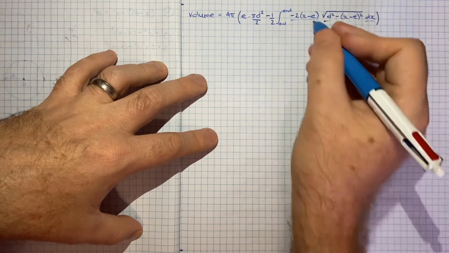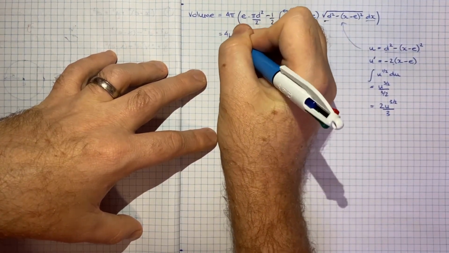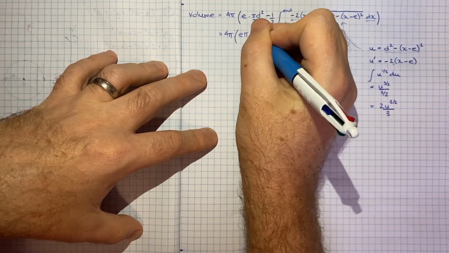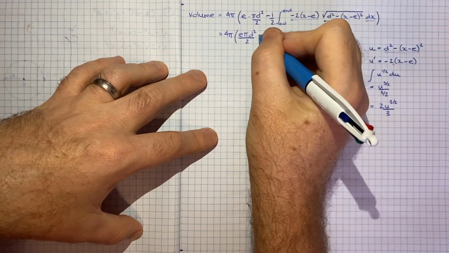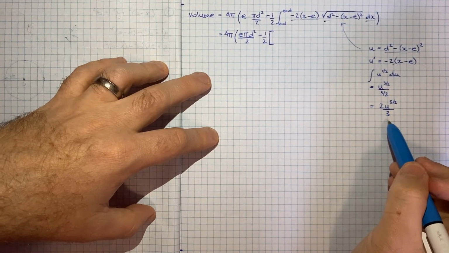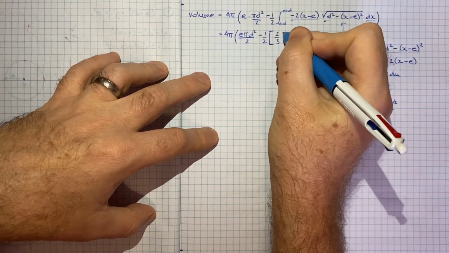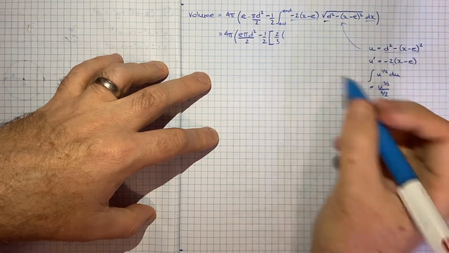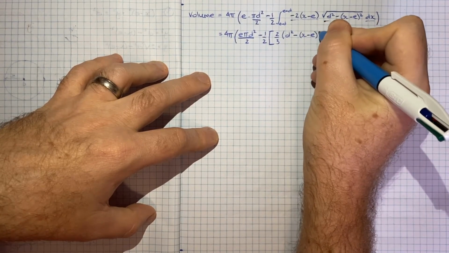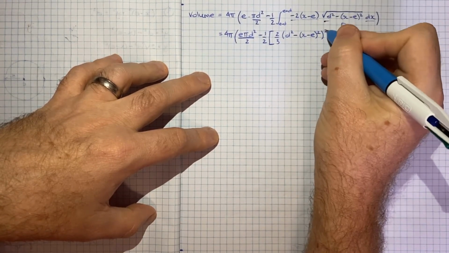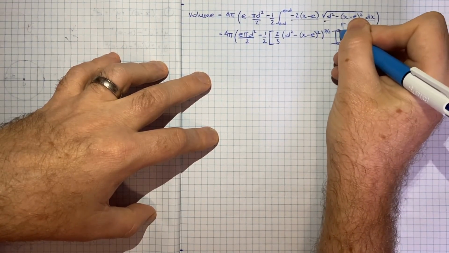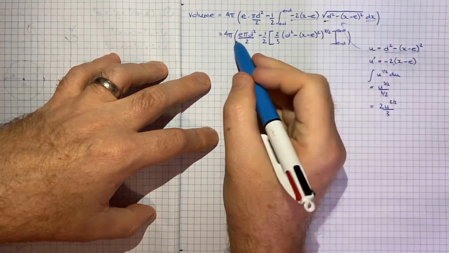So bringing this back up, we get equals 4 pi, bracket, e to the pi d squared on 2, -1/2 times, and this would be 2 on 3 times d squared minus (x minus e) squared, all to the power of 3 on 2, and we're evaluating that between e minus d and e plus d, and there is a bracket here.